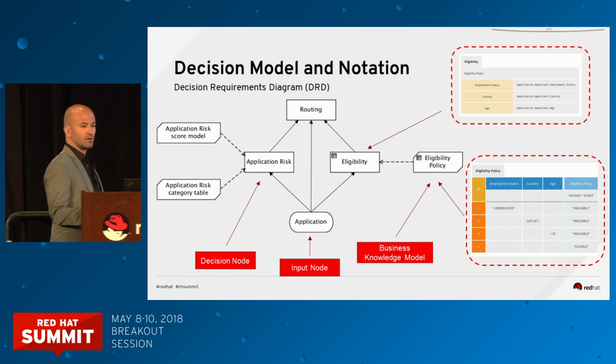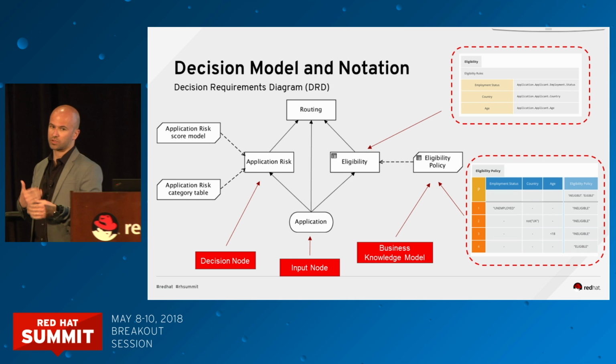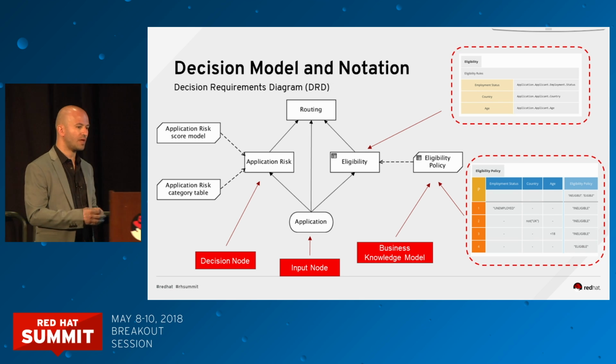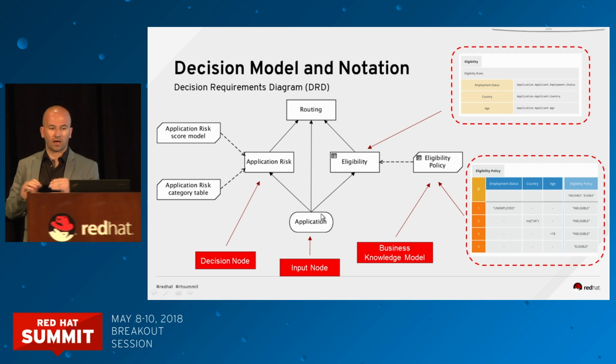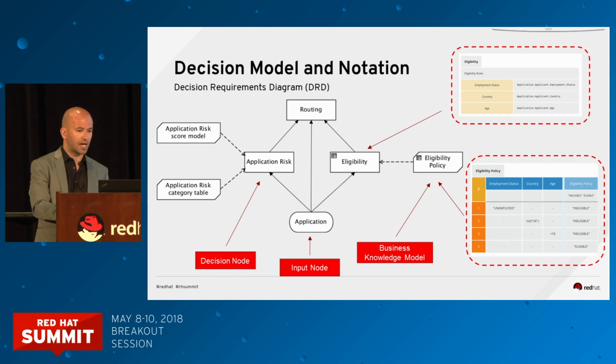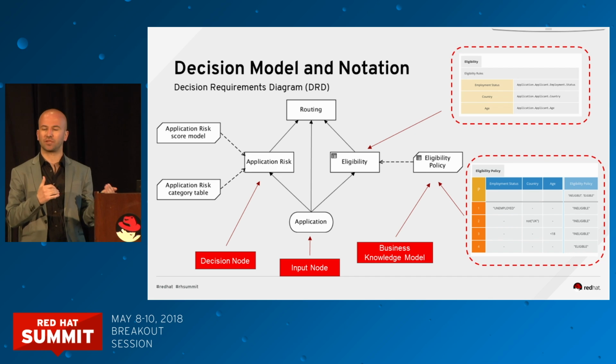In this case, we have some inputs of my model. These represent the input data that you want to supply for the execution, and these are the boxes with the round corners. Then you have some square boxes like application risk, eligibility, and routing, and these represent your main decisions and your sub-decisions.